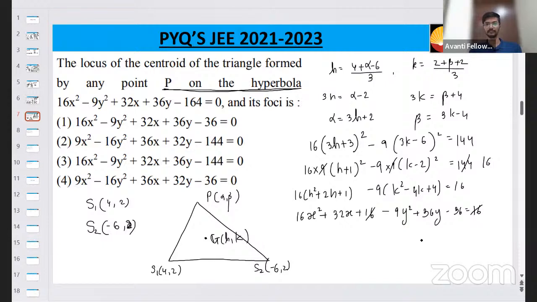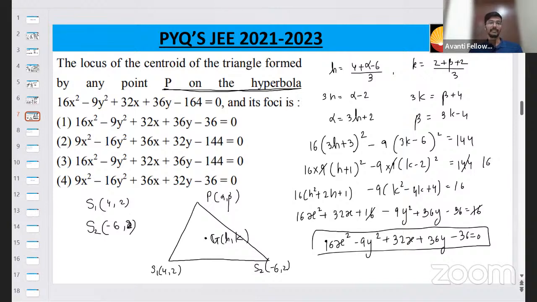This 16 and this 16 will get cancelled. So the equation will be 16x square minus 9y square plus 32x plus 36y minus 36 equals 0, which matches with our option A, or you can say the first option, right?